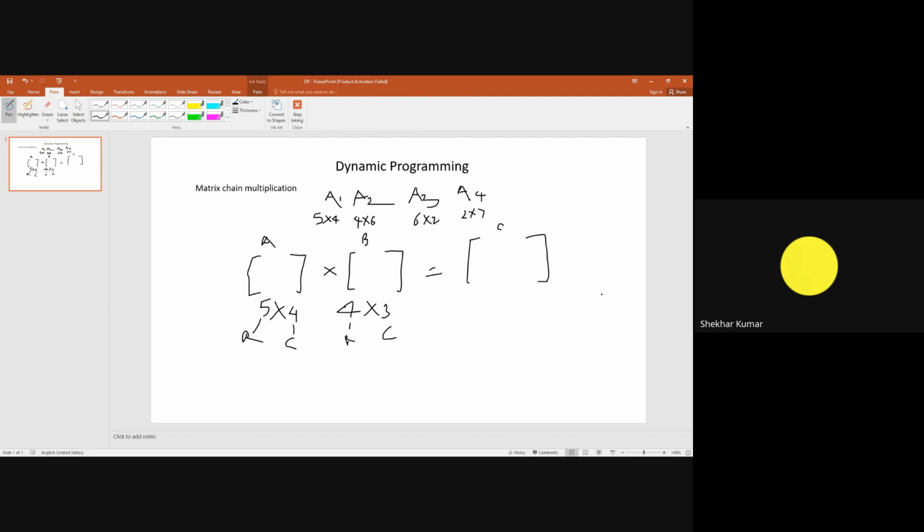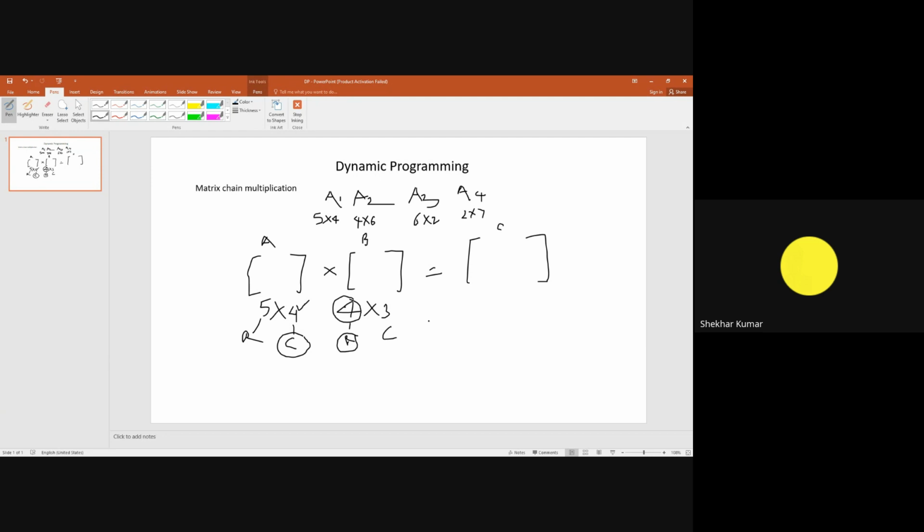And one most important condition for matrix multiplication is that the number of columns in the first matrix should be equal to the number of rows in the second matrix. In this example, you can see that in the first matrix the number of columns is equal to the number of rows in the second matrix.